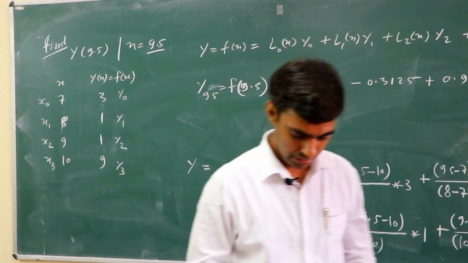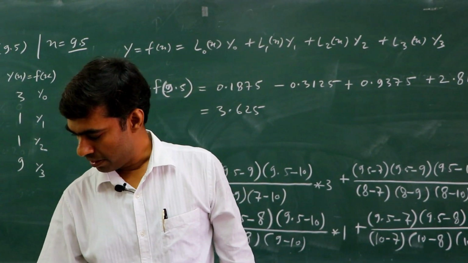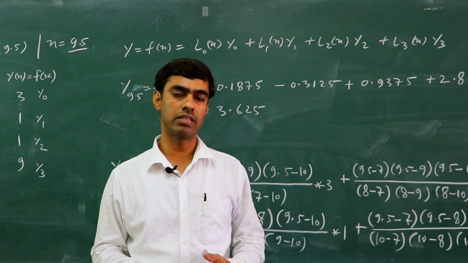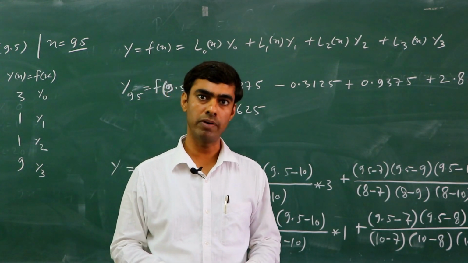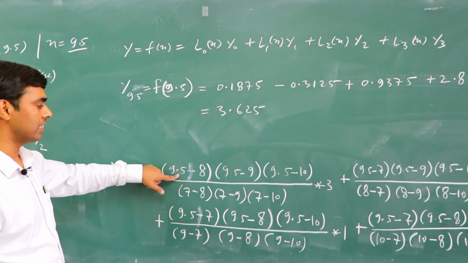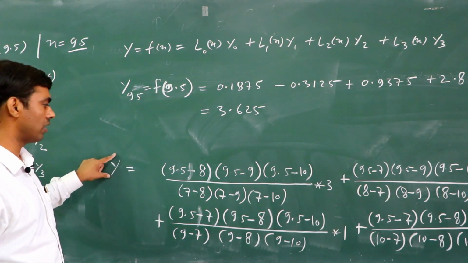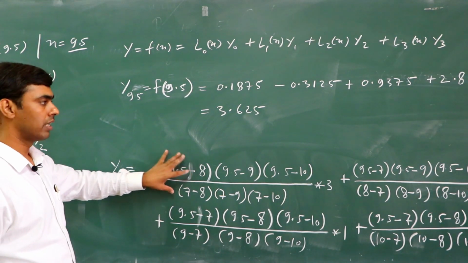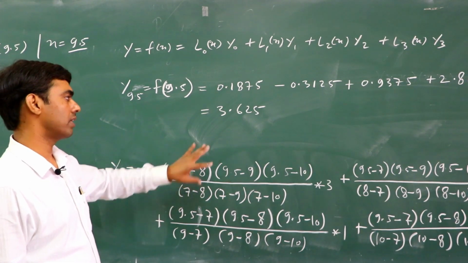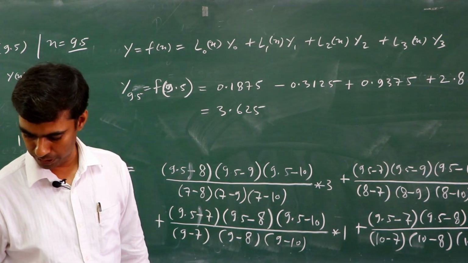Now next we solve another example in which we first find a polynomial, then in the polynomial we put the value of x to find the value of y. Rather than directly putting the value of x, first we find the value of y in terms of x using the Lagrange multiplier, which gives a polynomial. Once we find the polynomial, then we put the value of x to find the solution.